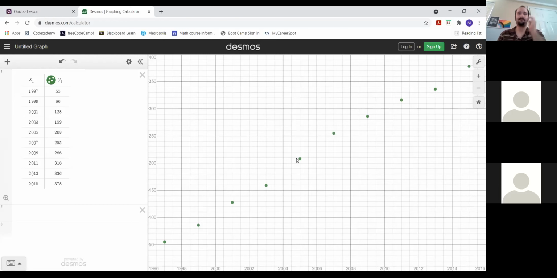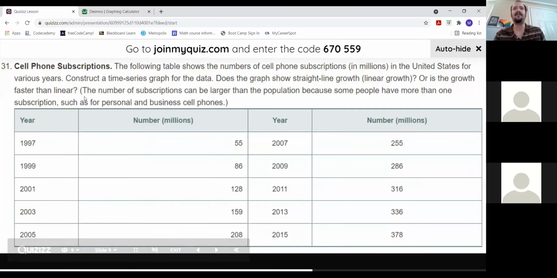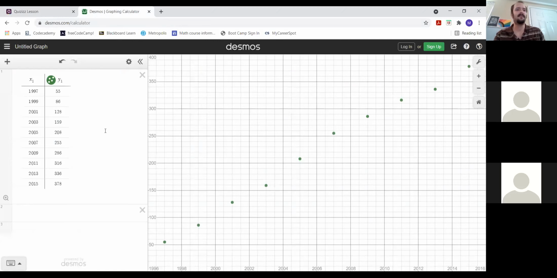Okay. Now this is my line. Did they ask me to draw a line of best fit or something? Does the graph show straight line or linear growth? So does it show straight line or linear growth? That's the question. I probably should, with my annotation tools, come in and label the graph. This is cell phone use over years.